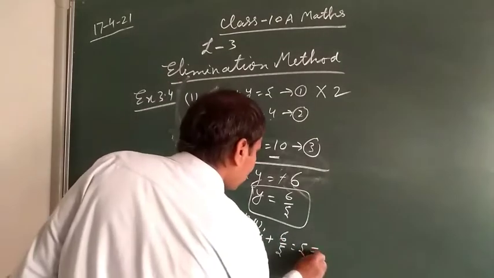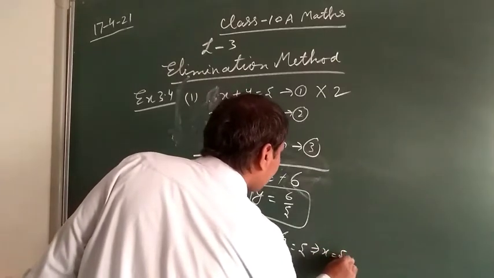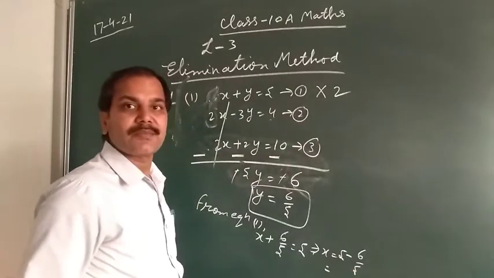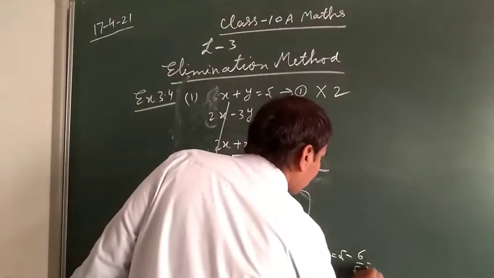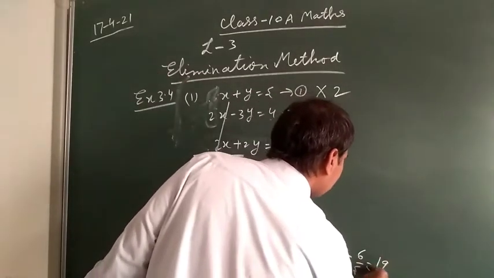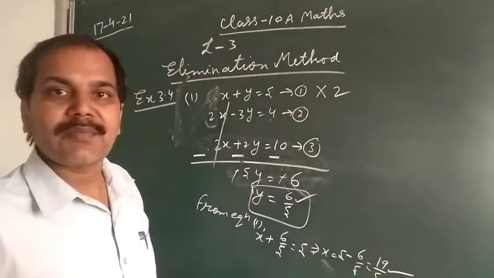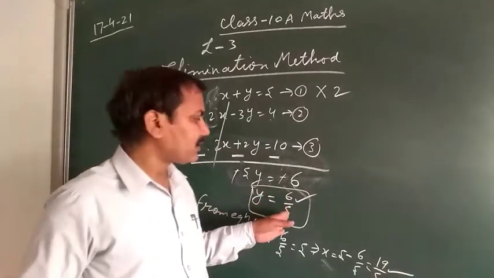So x is equal to 5 minus 6 by 5. Take LCM and simplify. So 25 minus 6 is 19 by 5. So the value of x is 19 by 5 and the value of y is 6 by 5.